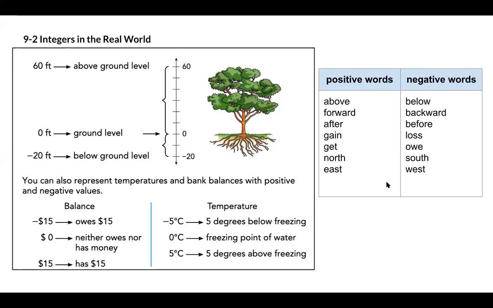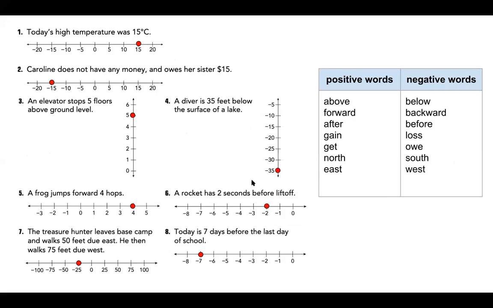So you would have given a negative integer. So negative, did I say 50? Negative 50 would be the integer connected with that scenario. Same with these groupings of negative and positive words. You can utilize them to understand if it's a positive integer or a negative integer.